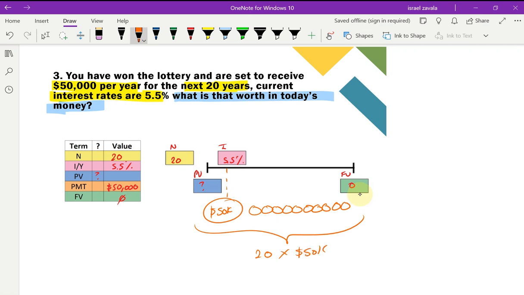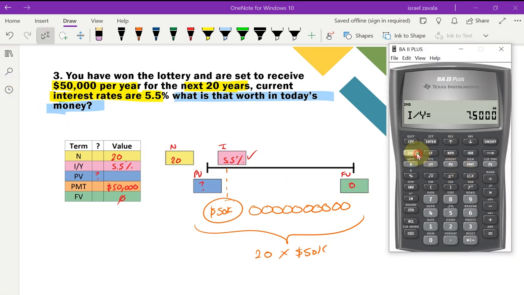So what is that stream of $50,000 payments over 20 years discounted at 5.5%? What is that worth in today's dollars? Let's grab our financial calculator. Second clear. So 20 years, discount rate or interest rates are 5.5%. Present value that we're looking for. Payment is going to be $50,000 every year for the next 20 years. Zero future value. Compute present value.